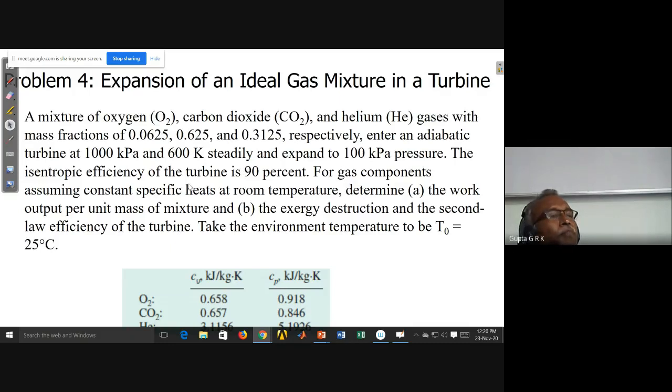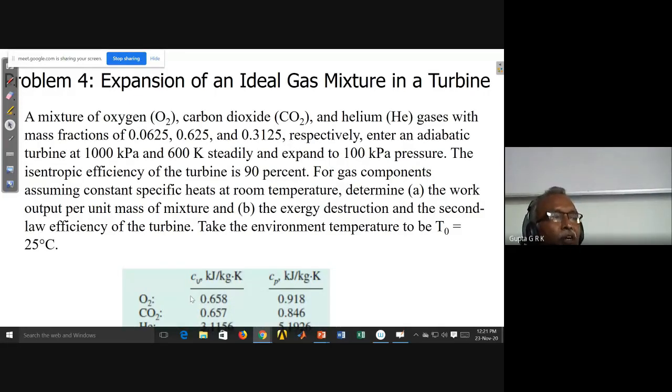And so here, if you assume it is isentropic expansion, so T2 by T1 is equal to P2 by P1 to the power of gamma minus 1 by gamma. I have to use that. But for that, I have to get the gamma of the mixture. And how to get the gamma of the mixture? I have to get the Cp of the mixture and Cv of the mixture.